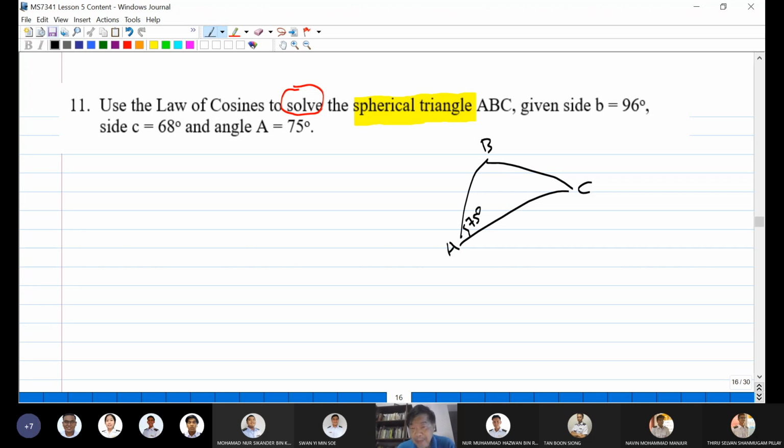Side B, opposite angle B, is 96 degrees. Side C is 68 degrees. What we want to find is side A, angle B, and angle C. So this is what question 11 asks you.